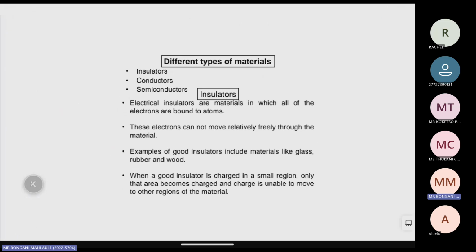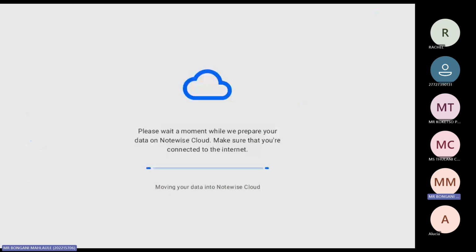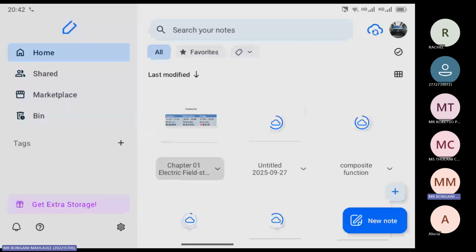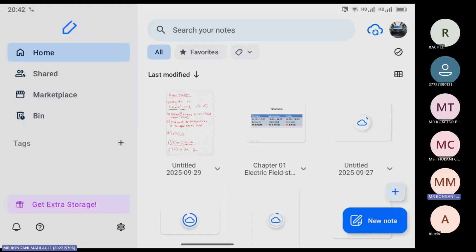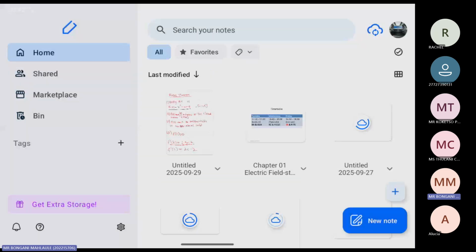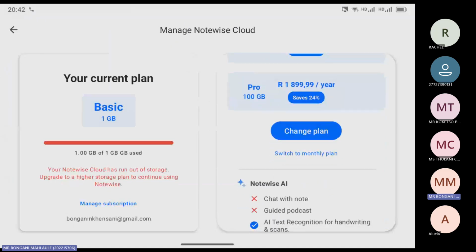Let me try to open another one, because the one I'm using, something went wrong. Yeah, now everything is fine. I was struggling to open this thing. Out of storage.